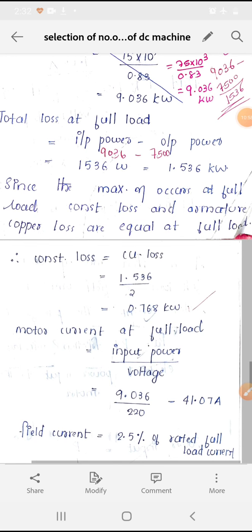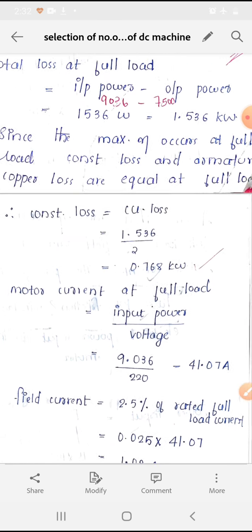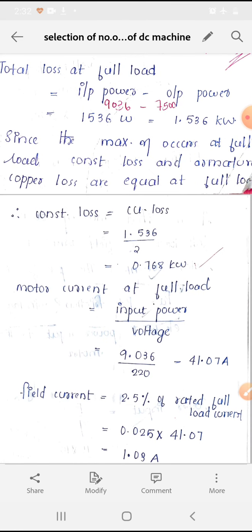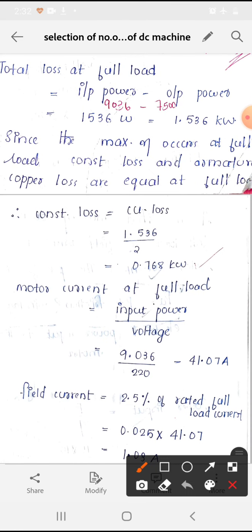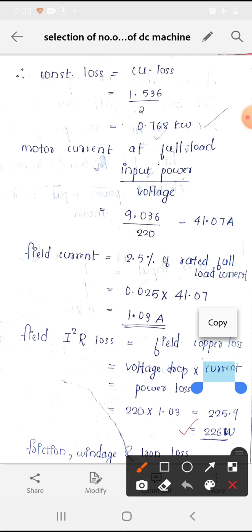In the question it is given that maximum efficiency occurs at full load, therefore constant loss is equal to copper loss, that is 1.536 by 2. We got 0.768 kilowatts.